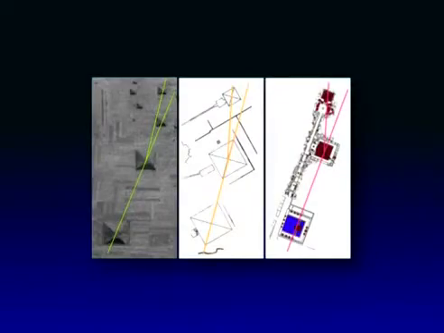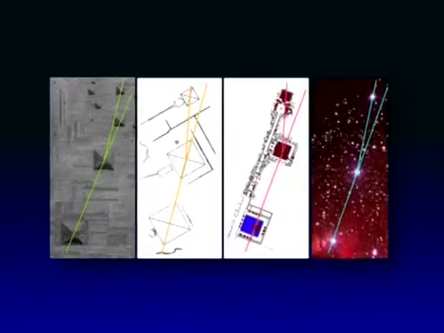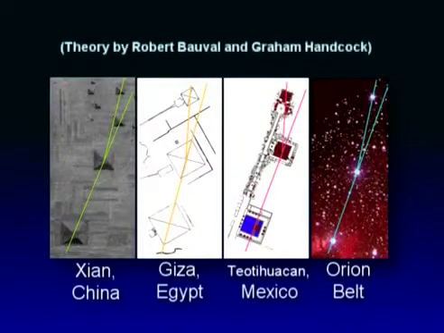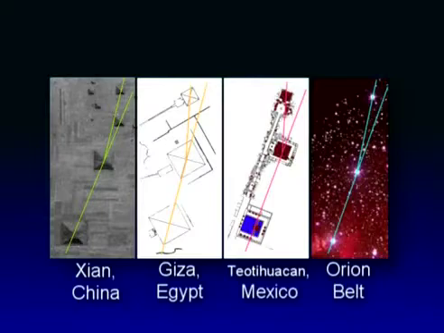Same angles, same alignments, and all of these alignments match the stars of the belt of Orion. I find that very interesting, because many of the civilizations talked about these advanced beings coming from the Orion constellation and the star Sirius. So maybe they left us evidence of their passage.